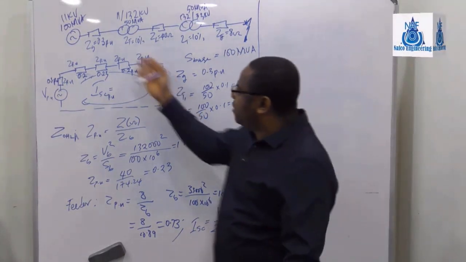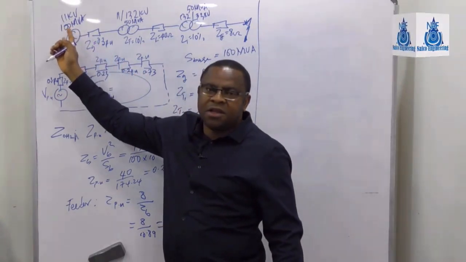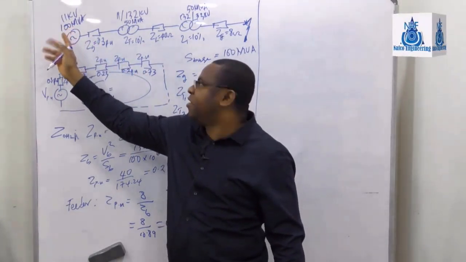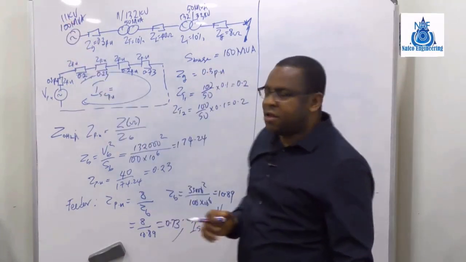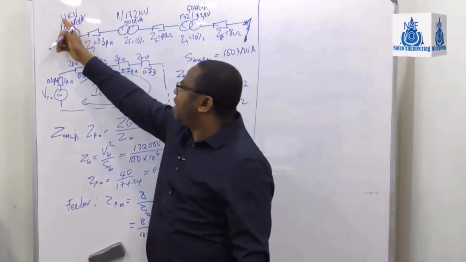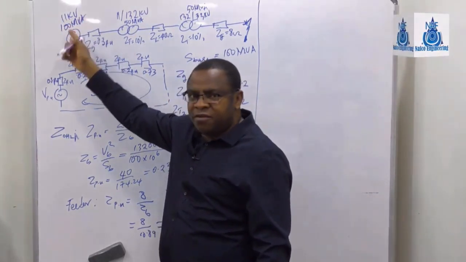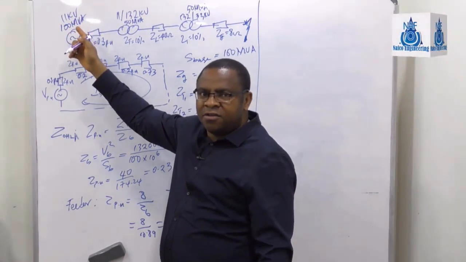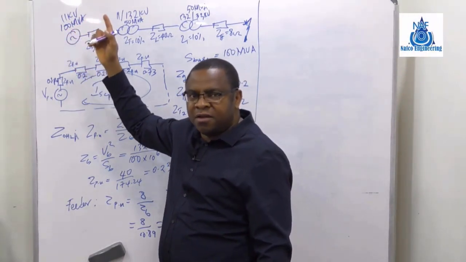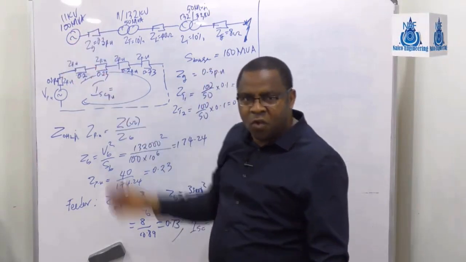Now, what is the voltage in per unit? Remember that this voltage here is in volts, not in per unit. So what will it be in per unit? It will be 1, because the actual is 11 kV, and the base is 11 kV.